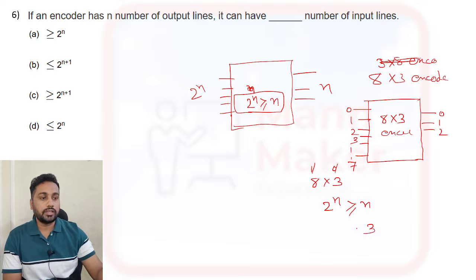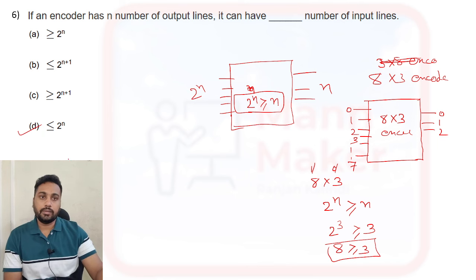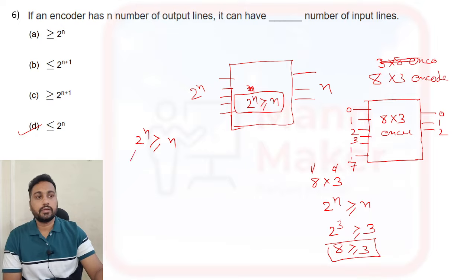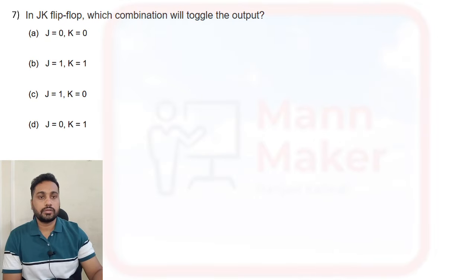Here n is 3, and 2 to the power 3 is 8. So it belongs to option D. If an encoder has n output lines, it can have 2 to the power n input lines. Just remember this for the encoder.